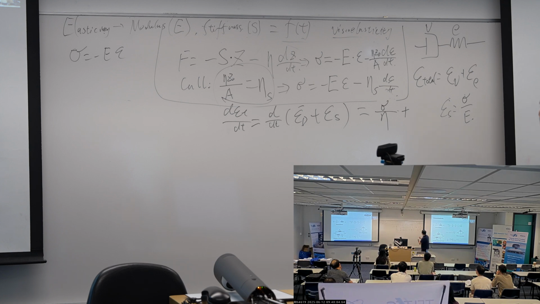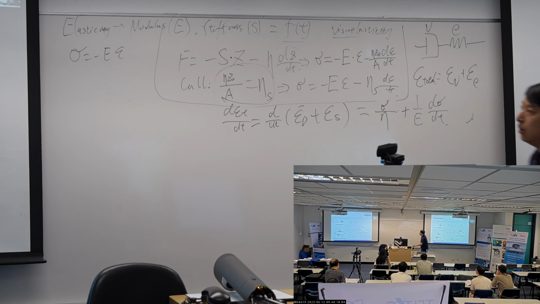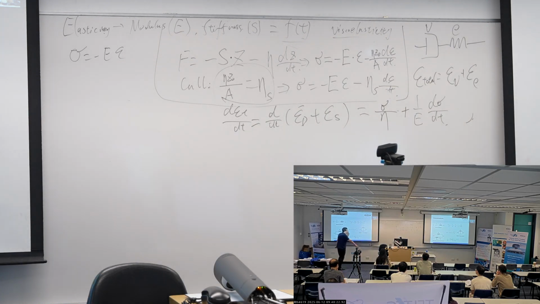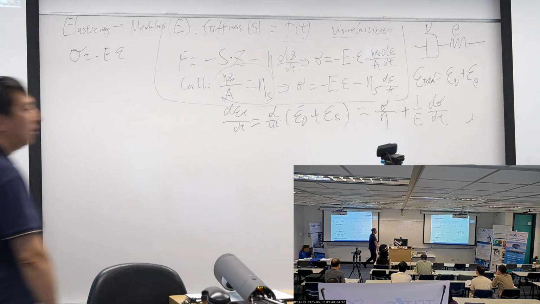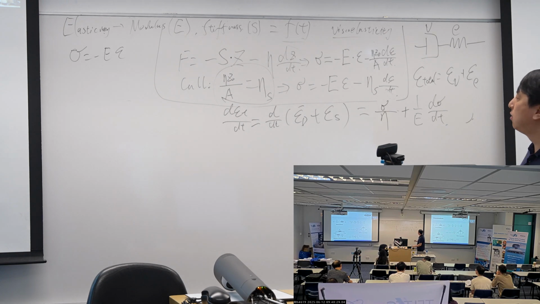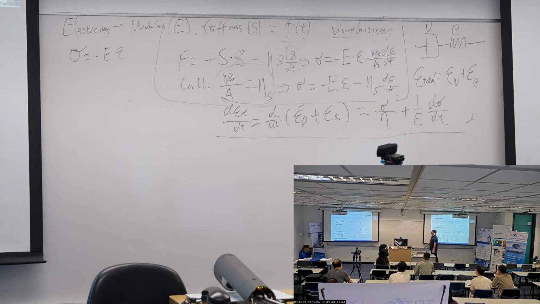And this modulus for the spring should not be a function of time, so I can take it out of the derivative. So that's his final equation established, the final description. Our job is just to try to solve this one.